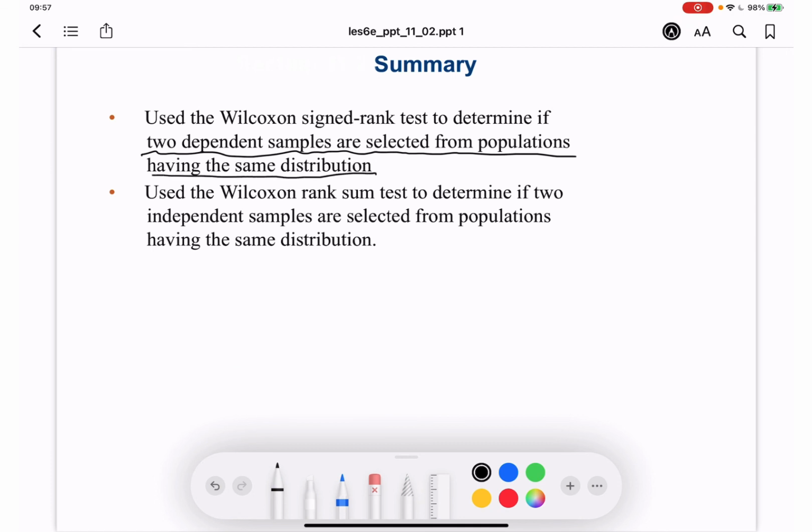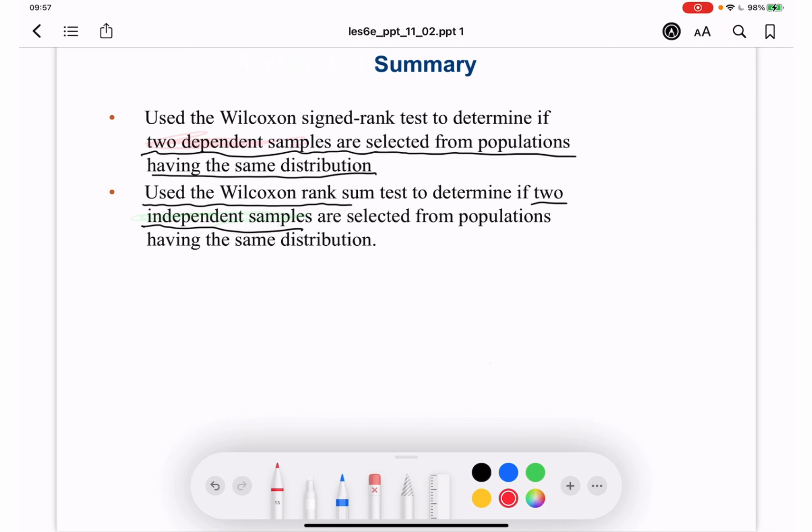Using the Wilcoxon rank sum test, that's exactly what I was telling you at the very beginning of the recording. We need to determine if two independent samples, let me highlight this, independent here and dependent here, are selected from populations having the same distribution.